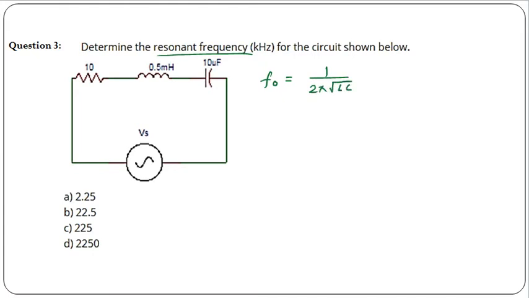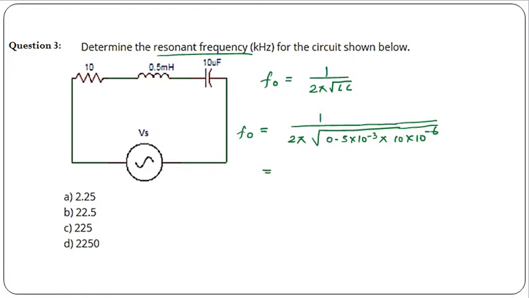Here the inductance and capacitance values are already given. This f naught will be equal to simply 1 by 2 pi into square root of, inductance value 0.5 millihenry, which is 0.5 into 10 to the power minus 3, and capacitance value is 10 into 10 to the power minus 6. Okay, this is f naught.